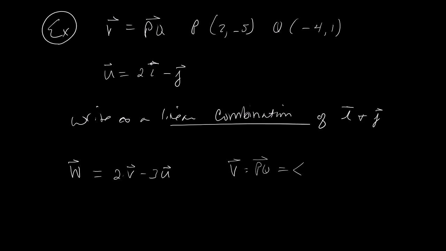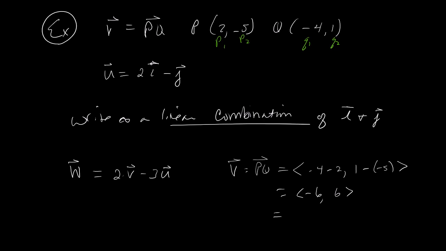That's going to be Q1 minus P1, my x component, and the y component is going to be Q2 minus P2. Just to be clear where I'm getting these from, this is P1, P2, Q1, Q2. So that's going to be -6, 6, which is v in component form.